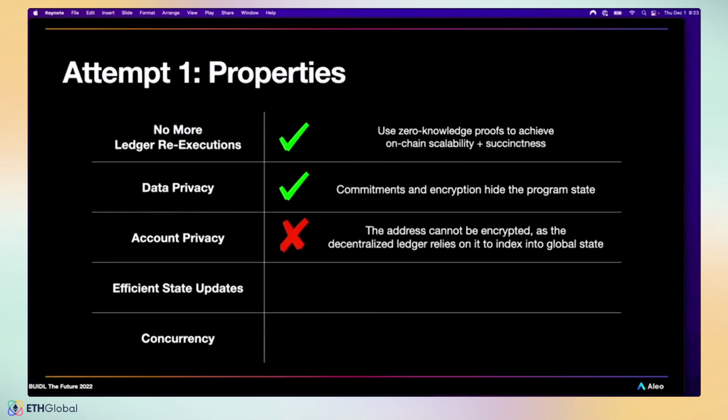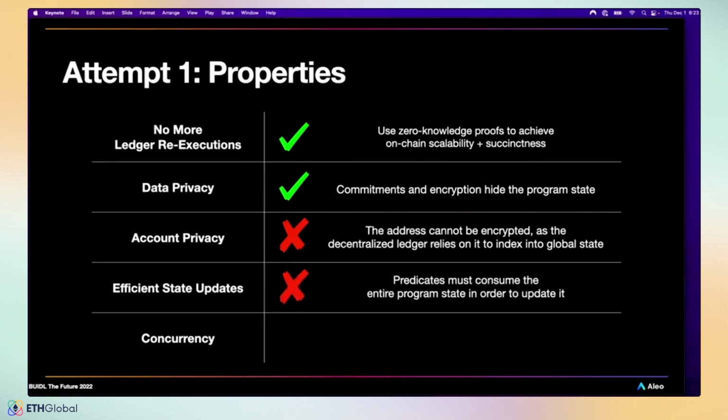We don't have account privacy because in this account model, the ledger requires the address that you are accessing or updating to effectively update global state over each transaction. So addresses cannot be encrypted under this model. And because of that, you leak some information.